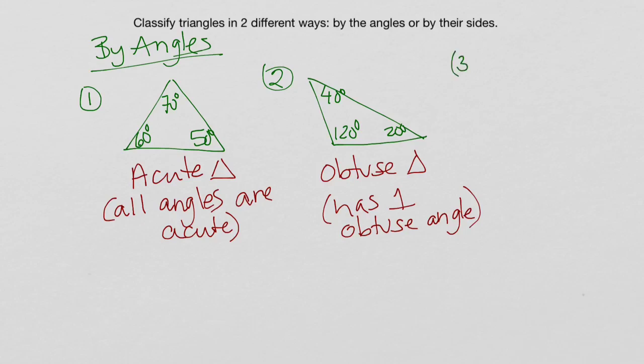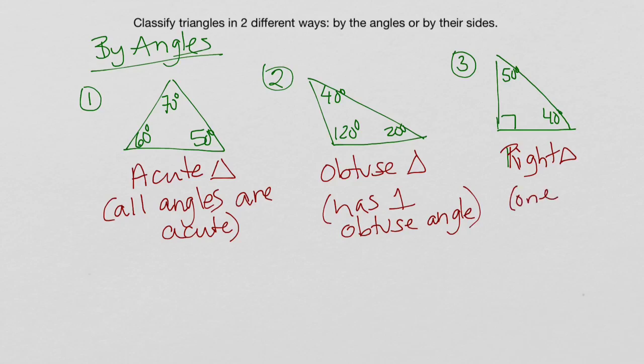Then the last type of triangle that's classified by its angles is a right triangle. And that is one where there's a right angle. So let's say this is 50 and this is 40. This is called a right triangle. And this has one right angle.